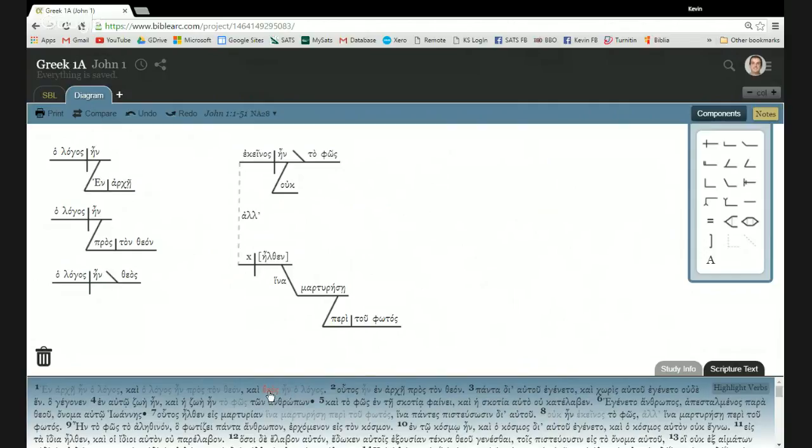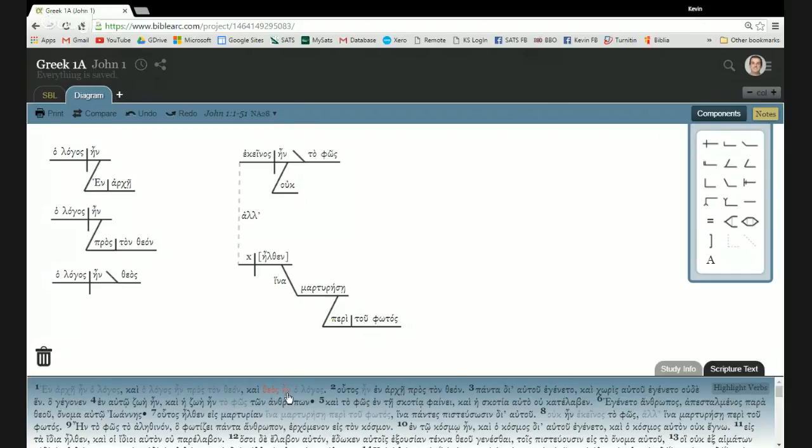Now, the JWs try to claim that because Greek doesn't have an indefinite article, an a or an in English, we can understand any anarthrous noun, any noun that doesn't have the article, either as qualitative, the Word was God, or as indefinite, the Word was a god.